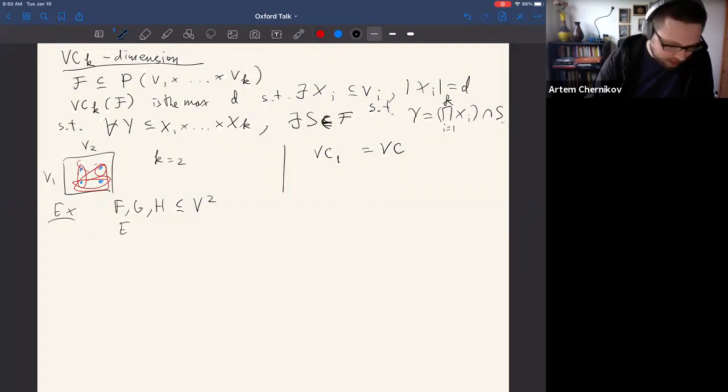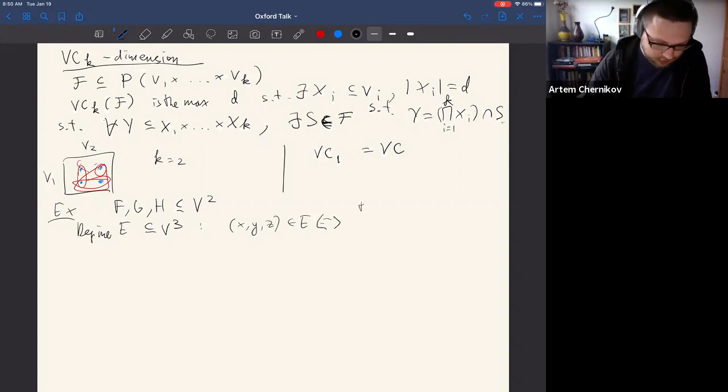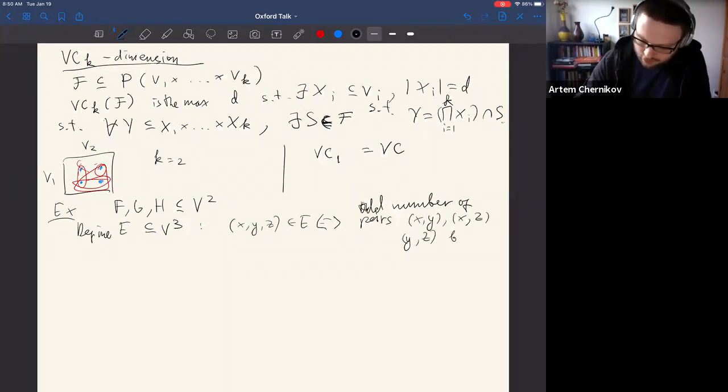Then we can define E, a subset of V cubed, a ternary relation, by stipulating that a triple xyz belongs to E if and only if we have an odd number of pairs xy, xz, yz belonging to the corresponding relation F, G, H, respectively.